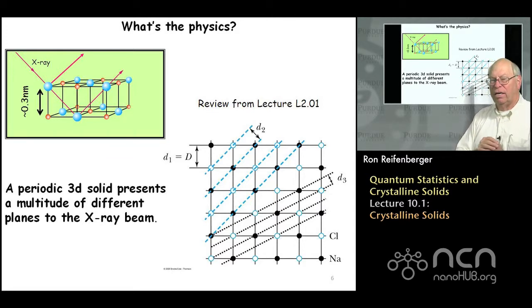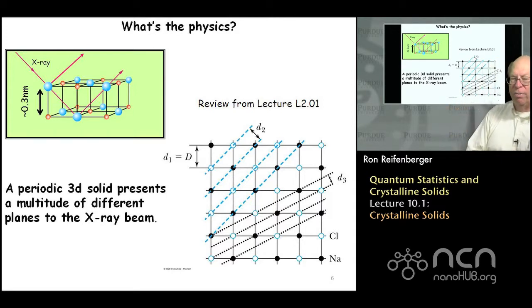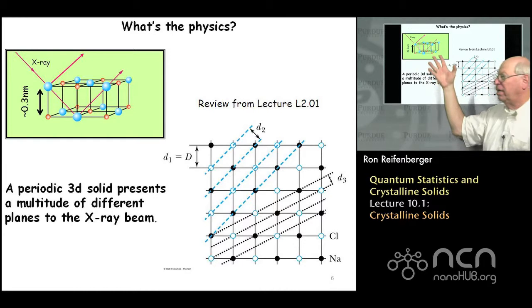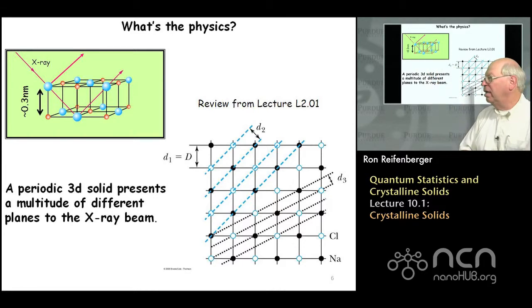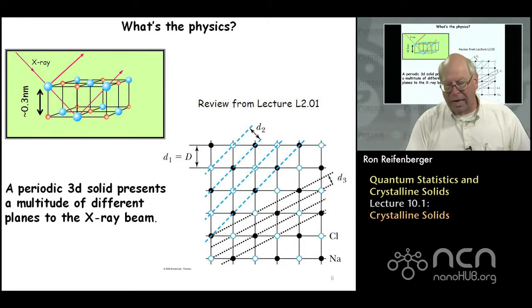If the combination of these two beams is destructive, the film will remain black. And so by measuring where the bright spots are and by knowing the angles and geometry of the X-ray beam with respect to the crystalline solid, you can start to get information about the interatomic distance of the individual atoms that make up the solid.